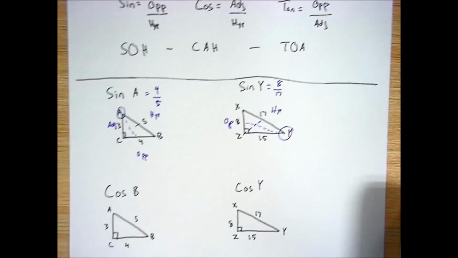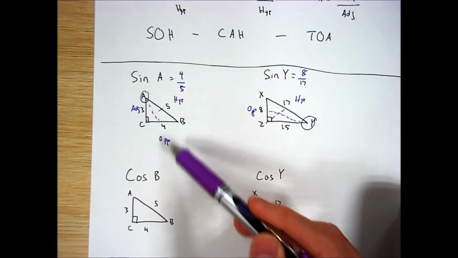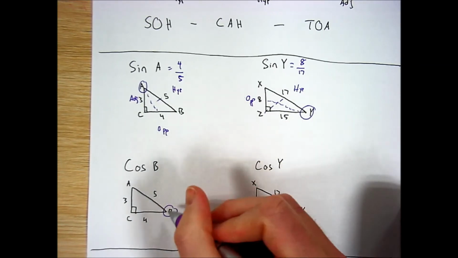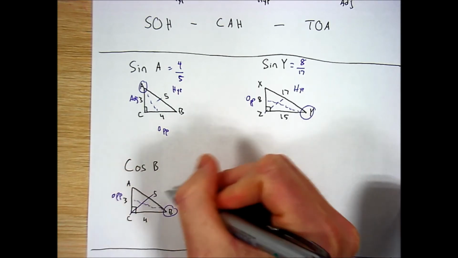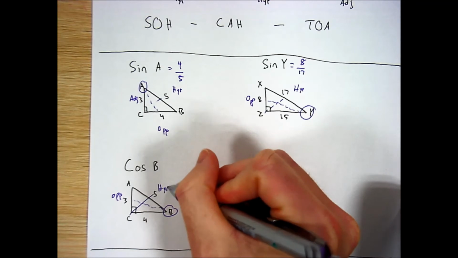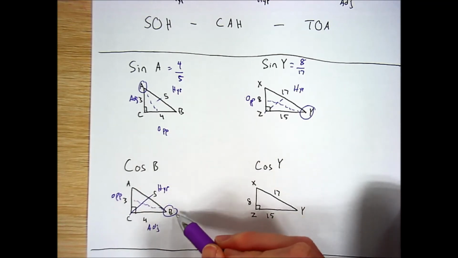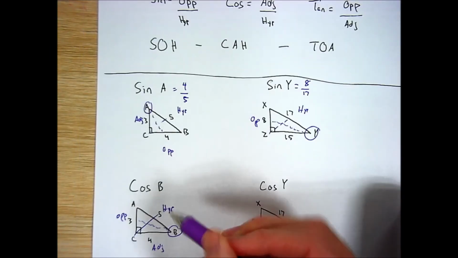Now, these two triangles are the same. We did sine of A, and now we're going to look at cosine of B. Opposite, hypotenuse, and this side then is the adjacent. So from B, cosine, CAH, adjacent over hypotenuse.